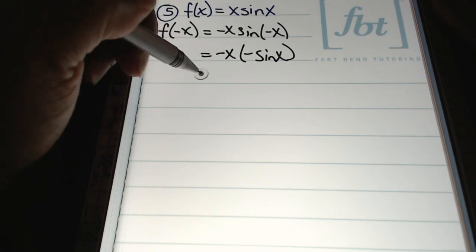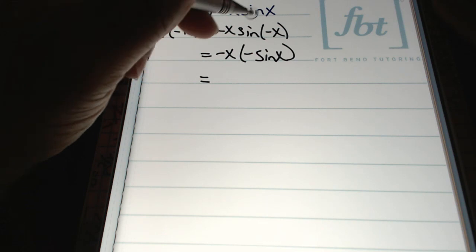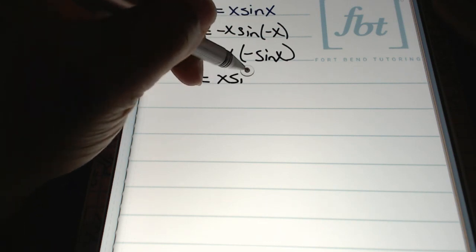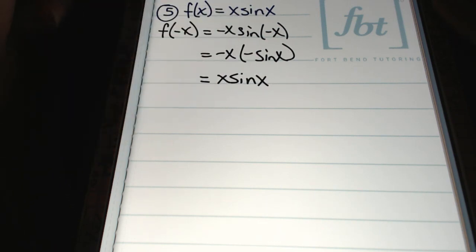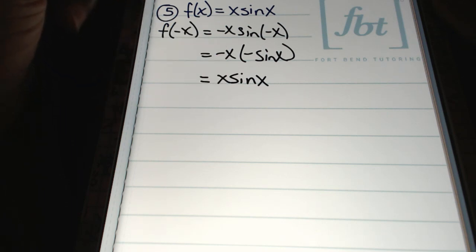And now because we are using our integer rules here, we know that a negative times a negative is a positive, right? Well, this is going to be equivalent to x sine of x. Well, isn't that something? Well, isn't this identical to our original function, guys? Is that not the same exact equation that we started out with? Well, it is.